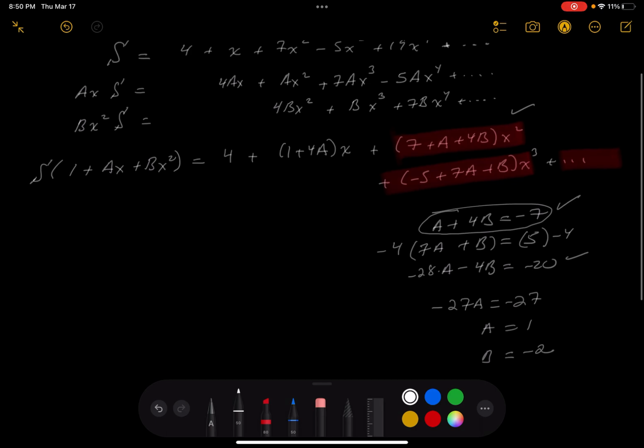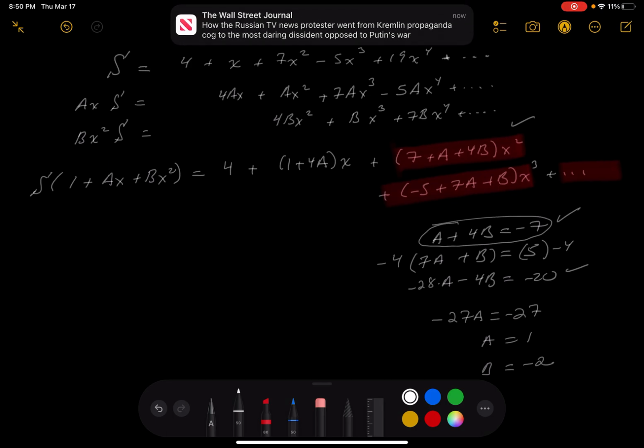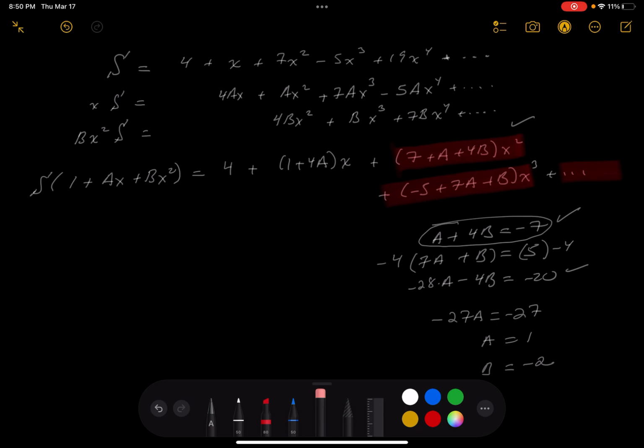All right, so let me go back up here, and I'm going to erase it now. And I know A is 1, so this is 1 here. And the B, I found out to be minus 2. All right? Okay. I want to just go through a little checking here. I want to make sure that everything's disappearing. Quadratic forward, by the way.